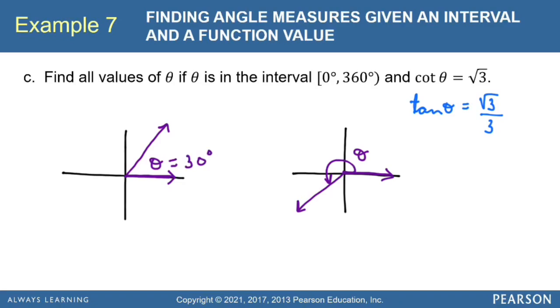So now we know that this quadrant 1 angle is 30 degrees, and we also know that this reference angle is 30 degrees, which means that the standard position angle is 180 plus 30, or 210. And so in MyLab, we would type 30, comma, 210. And that is it for section 2.2.